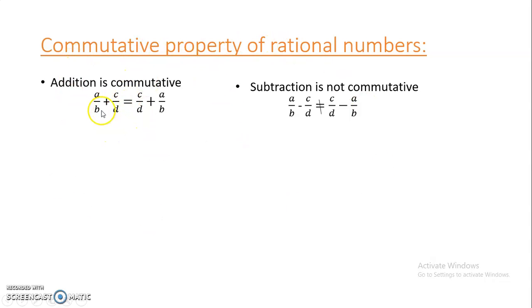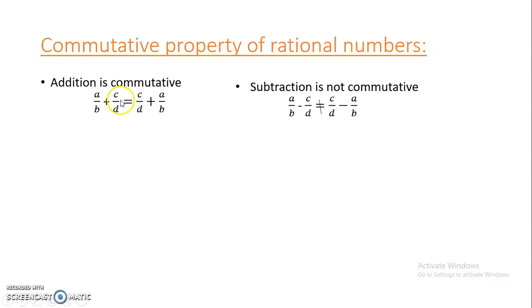Let's see how. a by b plus c by d. So these were two rational numbers, a by b and c by d, and we have added them. Definitely this is going to give some rational number because we have studied that the sum of any two rational numbers is a rational number. And now see, on the other hand side, we are just changing the order of addition.